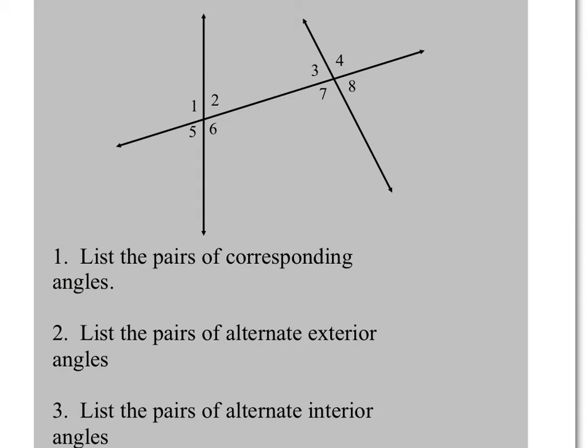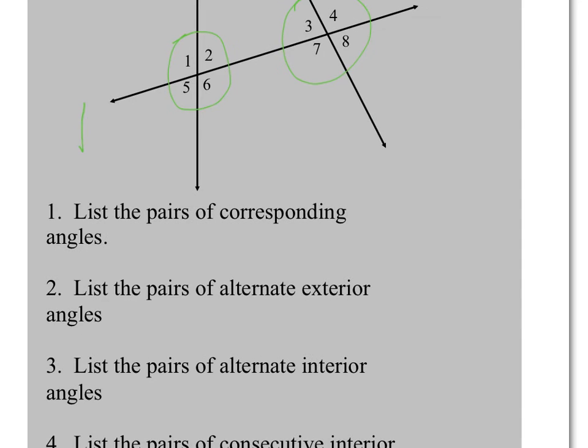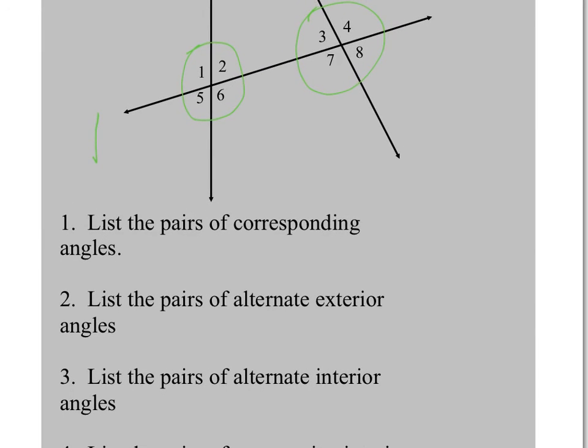All right, last slide, guys. We have another pair of lines, and I don't have them named here, but another transversal going horizontally here, and thus we have another grouping of angles here and grouping of angles here, and thus we have some angle pair relationships that we can name. So I want you to name or list the pairs of corresponding angles.